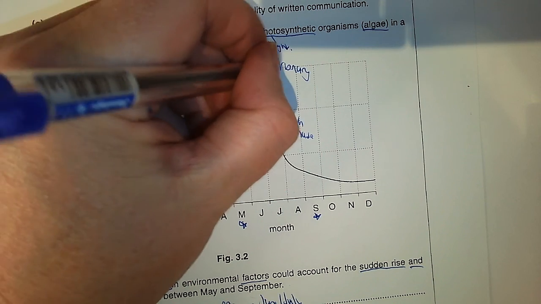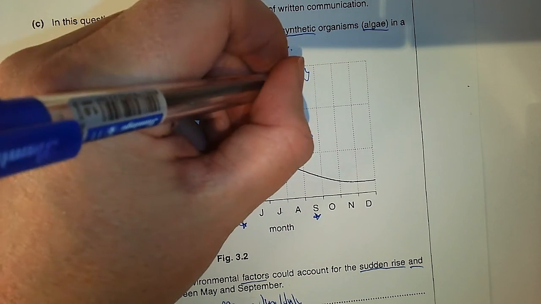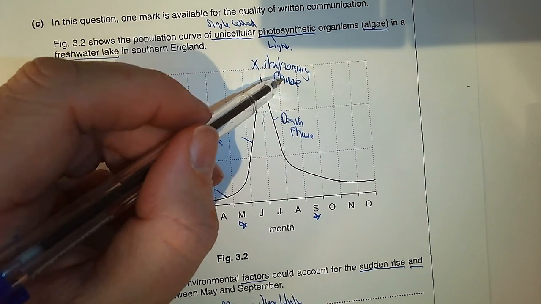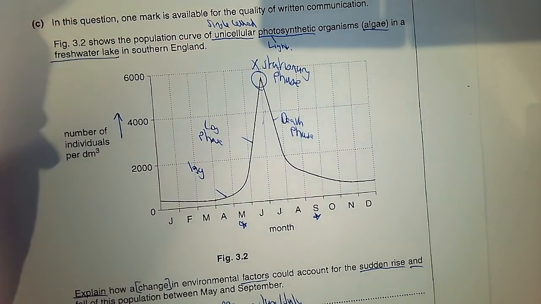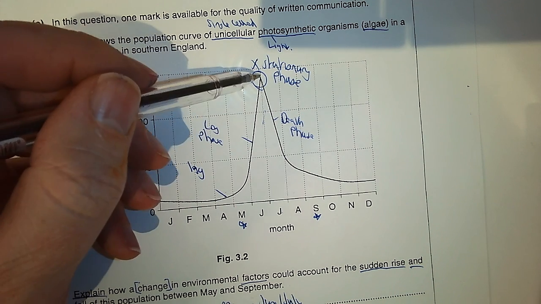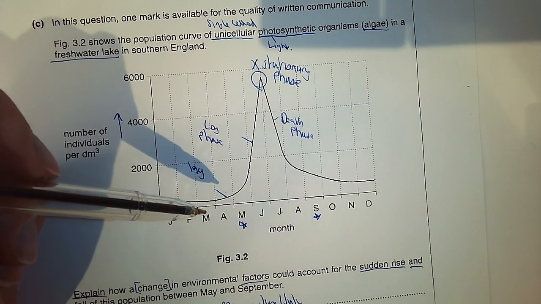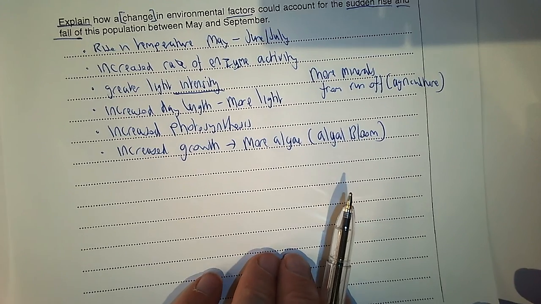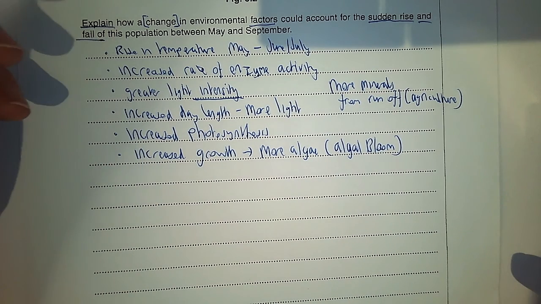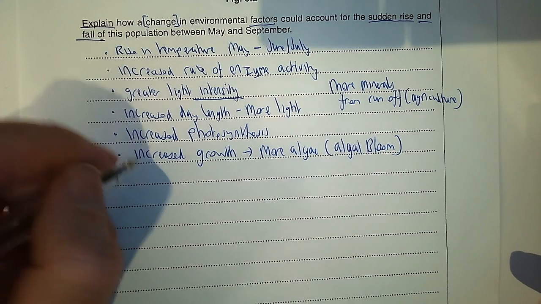And the stationary phase is where new algae birth rate is equal to death rate. That's missed here. It overshoots carrying capacity from log phase straight into death phase. So we can say that it's overshooting carrying capacity, and the carrying capacity is the maximum population size that a habitat can sustain.